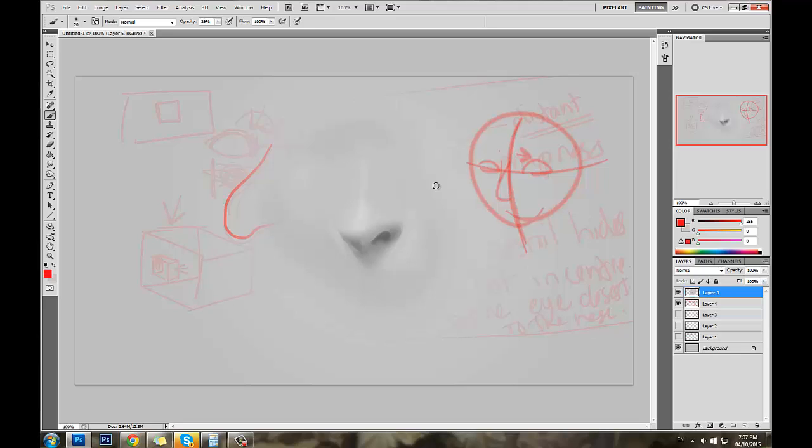Don't look at another artist, because your reproduction of that has already been so watered down. You don't want to water down something that's already been watered down, which is someone else's rendition of a nose. Go straight to the source, which is real life, whatever it is you're trying to reference.